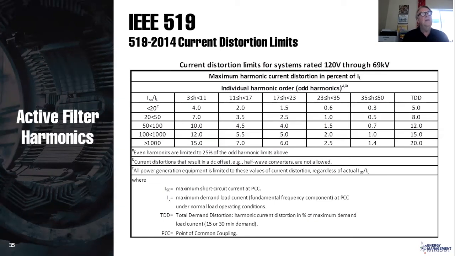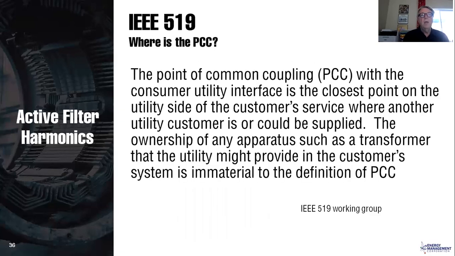Now, if you are out of compliance with the standard, they can cut your power off, they can fine you, and so it is an important standard. The point of common coupling is where they measure that. This is from the IEEE 519 working group. It says they measure that at the closest point on the utility side of the customer's service where another utility customer is or could be supplied.